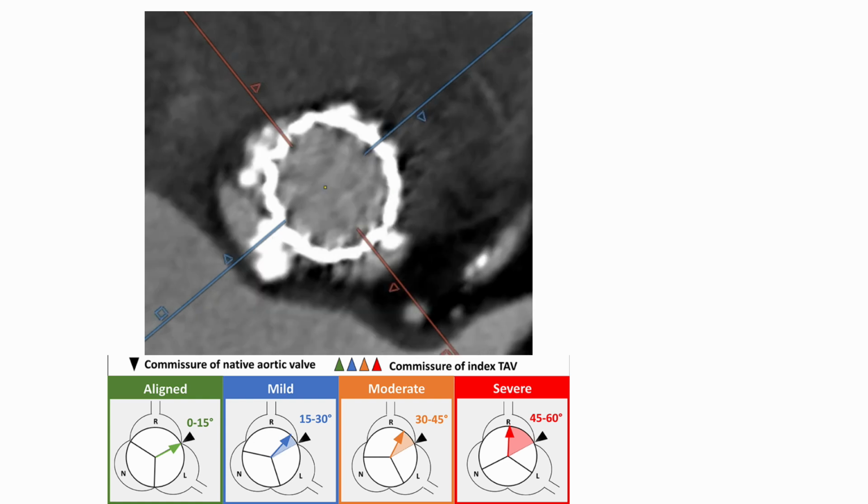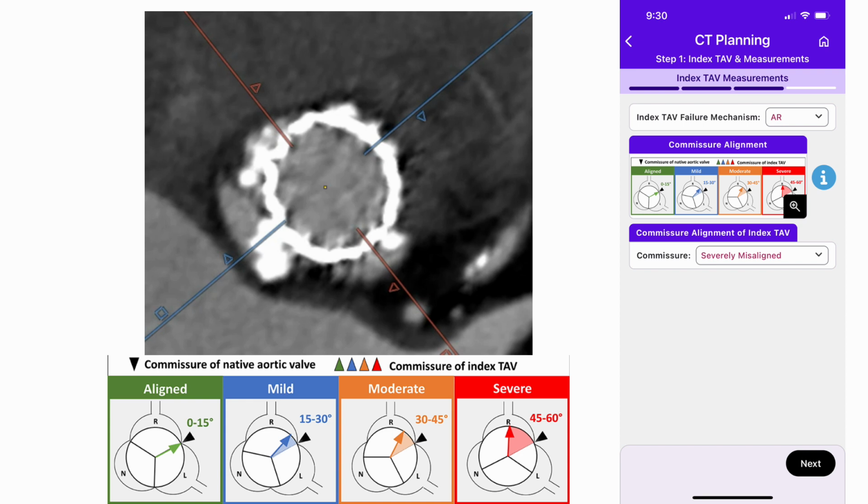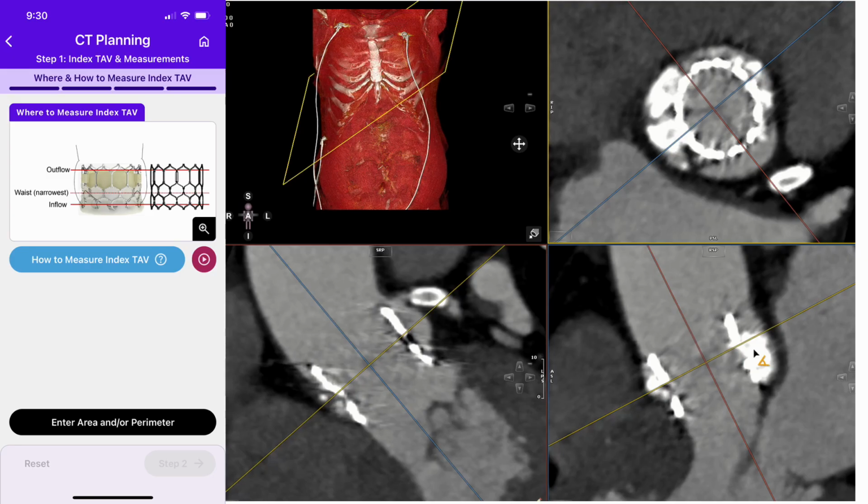The angle in this case is 46 degrees, so select severely misaligned, and perform the measurement of area and perimeter. These measurements will be used for second TAV sizing later.